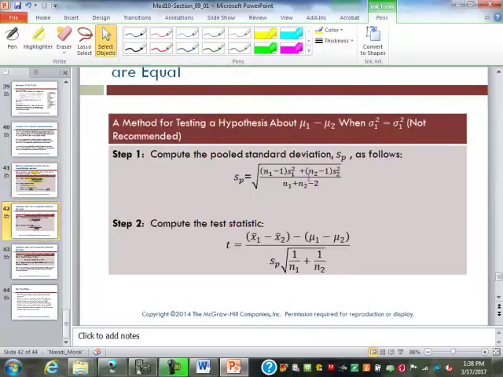So then this is just going through the formulas. The test statistic here is a little bit different. The standard error is a little bit different if you have the pooled standard deviation. Instead of having both standard deviations go in that formula for the standard error, it's this pooled standard deviation times that. That's still a weighting between the sizes of the two samples.